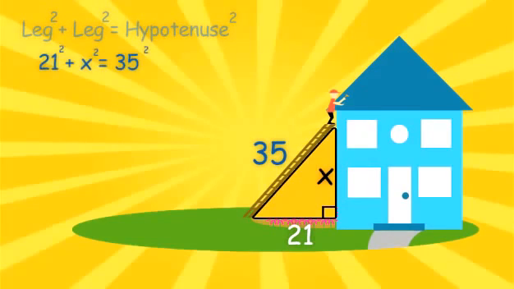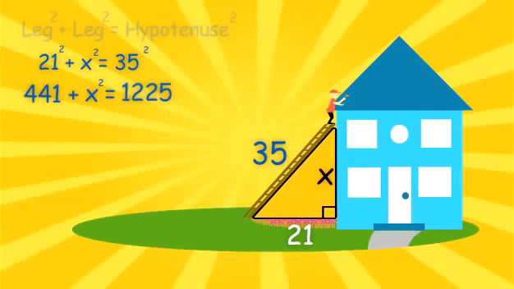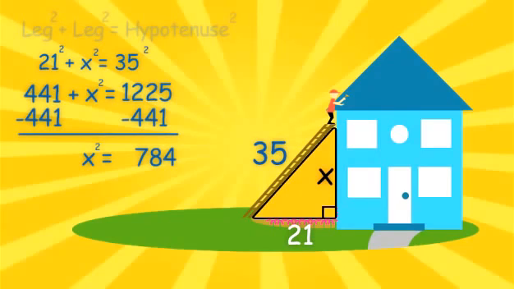So I'll write 21 squared plus x squared equals 35 squared. 21 squared is 441. I'll bring down my x squared. And 35 squared is 1,225. Now we can subtract 441 from both sides of the equation to isolate the x variable. X squared equals 784. Finally, we square root both sides of the equation and x equals 28. So if the painter falls, he will fall 28 feet down.